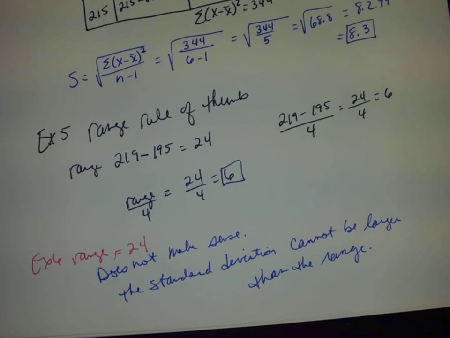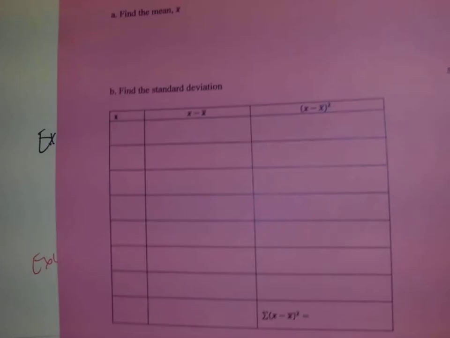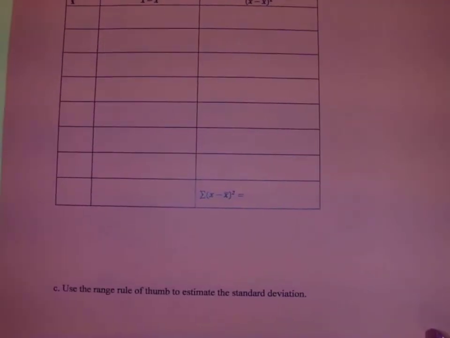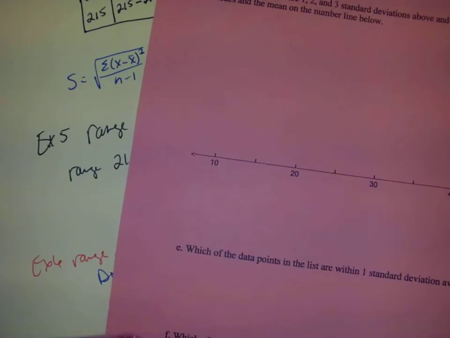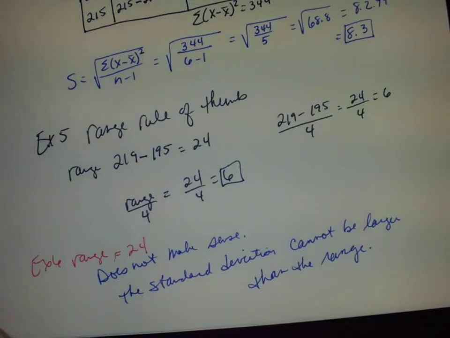Also, do your homework, because you've got homework coming up and you'll need to do that as well. There will be an activity coming up where you're going to find the standard deviation, but it'll be coming up here in a little bit. It may be in the same week, since this is a summer course, that you'll be finding the standard deviation on there, and then you're going to flip it over and do some more, but we haven't talked about the rest of that yet.